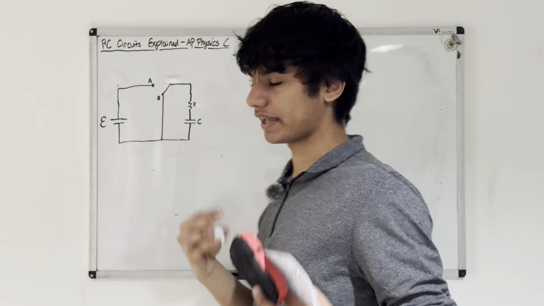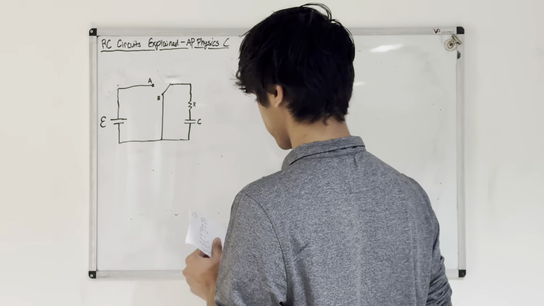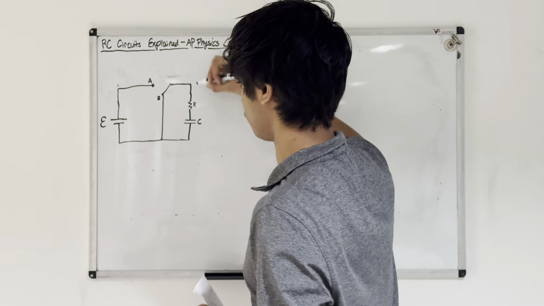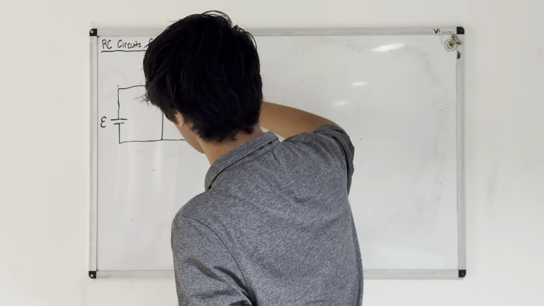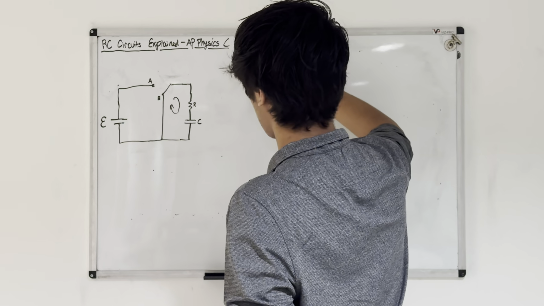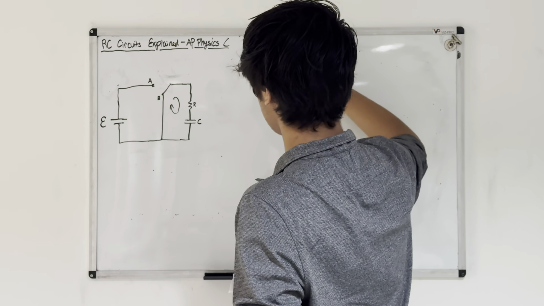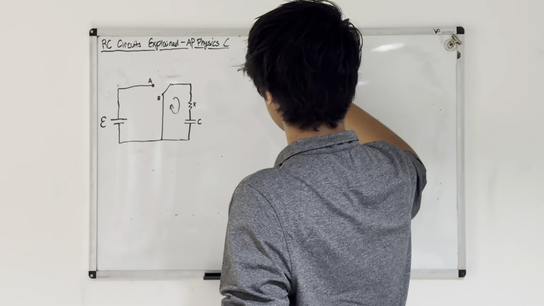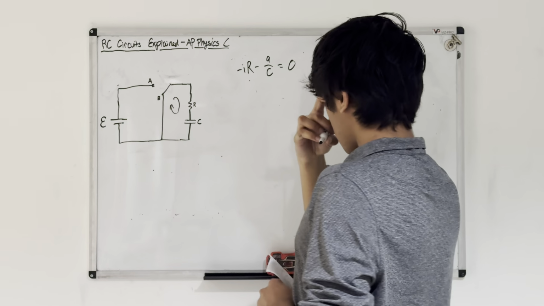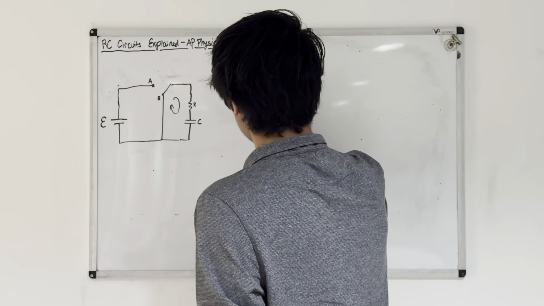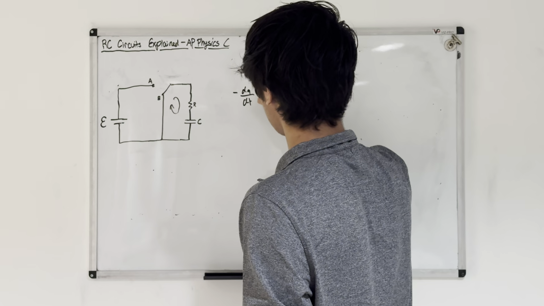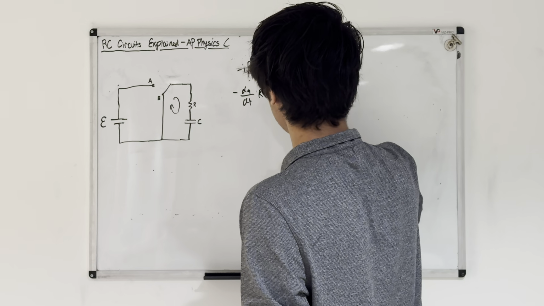And so we're going to do the same thing again to find Q of t. So Q of t is going to be, loop rule. We'll do the same loop again. Start from here, we get negative IR minus Q divided by C equals 0. So negative dq/dt times R minus Q/C is equal to 0.